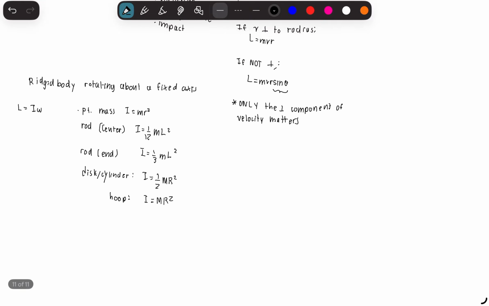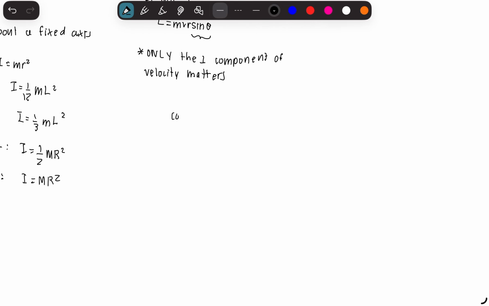Now, let's review. What is the conservation of angular momentum? This is when we have the condition that your external torque is equal to 0. You set initial angular momentum equal to the final.